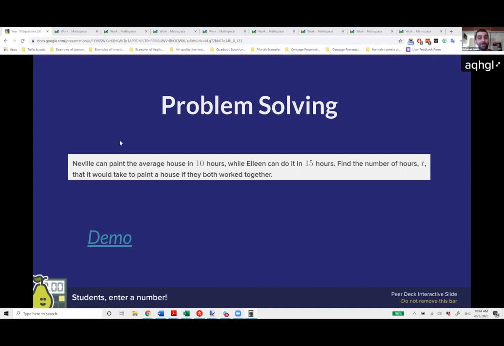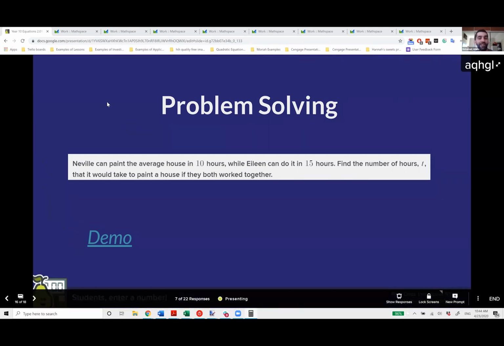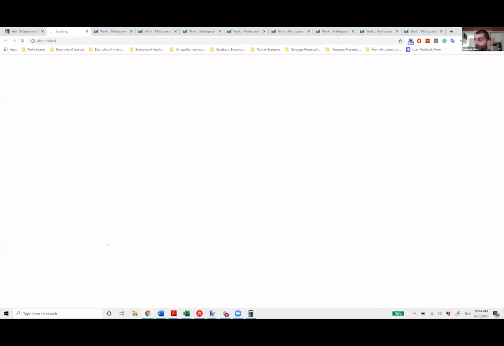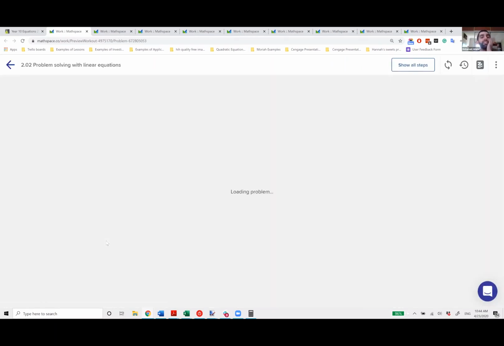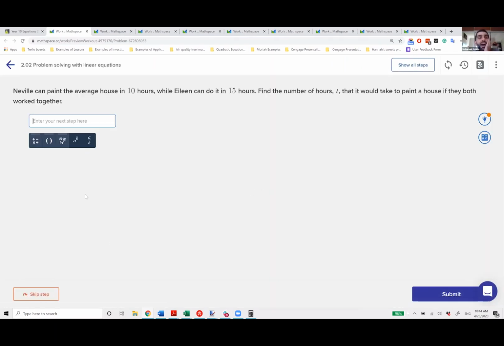The correct answer is 6, but let me show you how you could do it with equations. So let's jump into this demo. The way I'm going to think about it is, how much of the house will they paint in 1 hour? Who can tell me, in 1 hour, how much of a house can Neville paint?